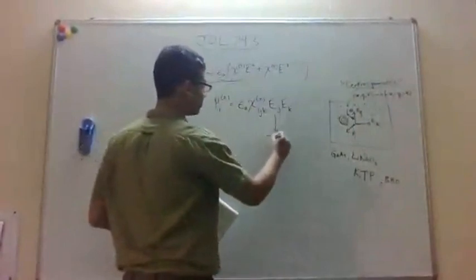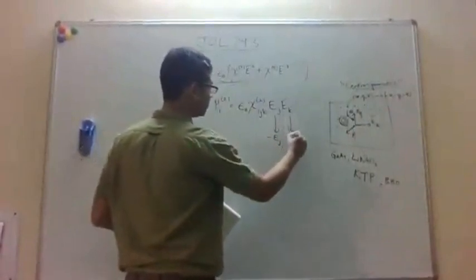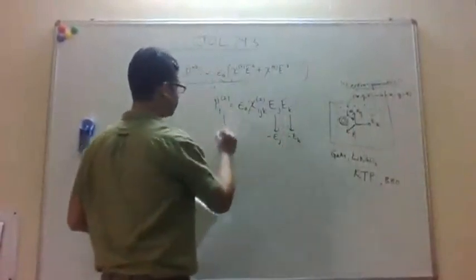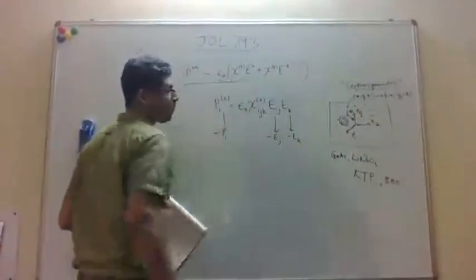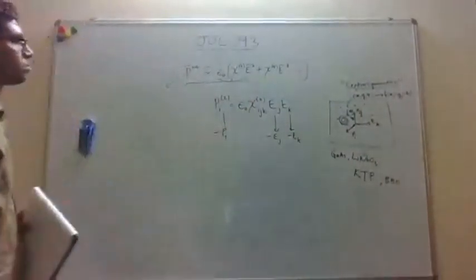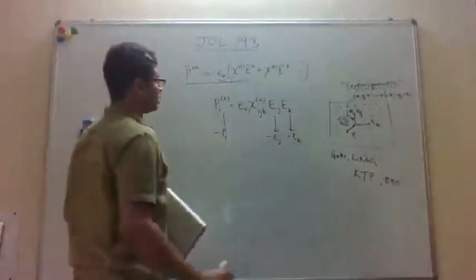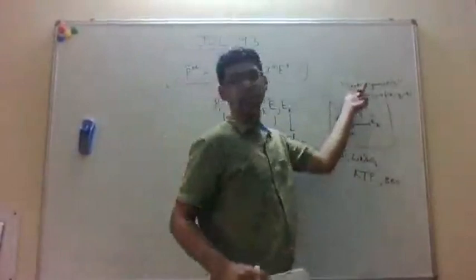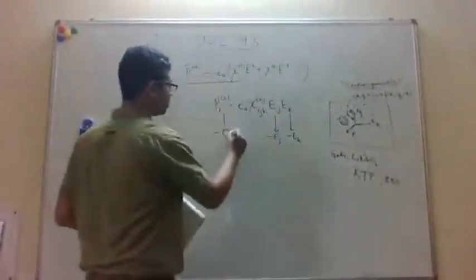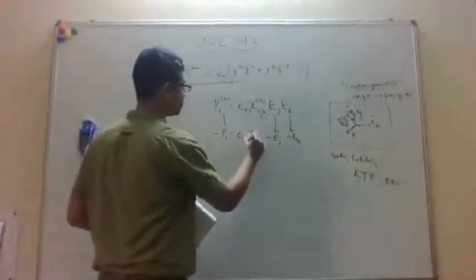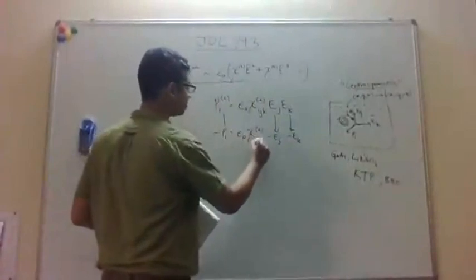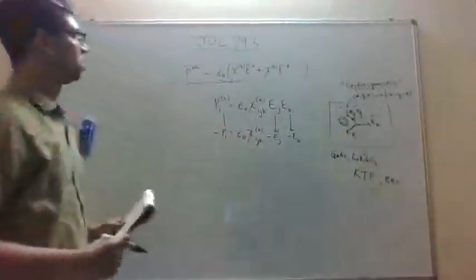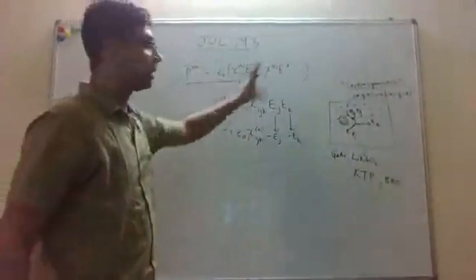This becomes minus E_j, this becomes minus E_k, this becomes minus P_i. Okay. So if the material is centrosymmetric, then it also has to obey this equation, because there is no difference between them. Basically plus or minus doesn't matter.